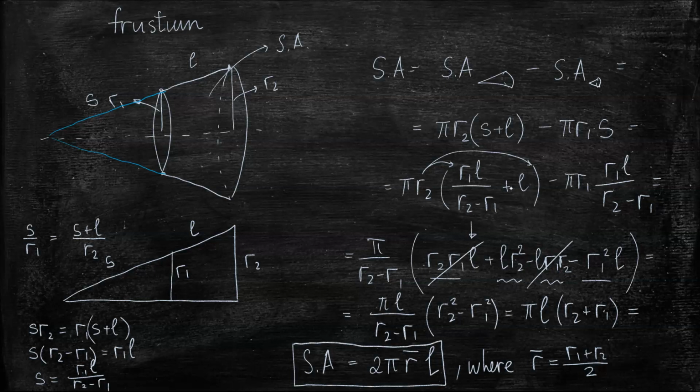All right, so now, as long as we can break the surface area of some generic solid of revolution into frustums, we're good, and that is actually possible. So we're going to set up the surface area of a solid of revolution problem like this.